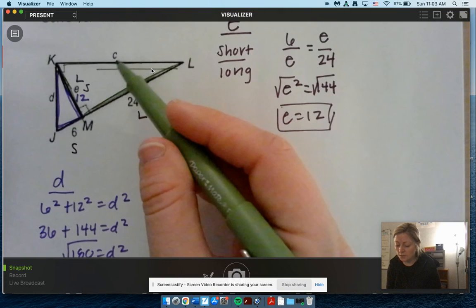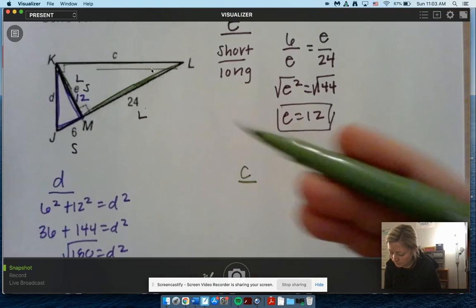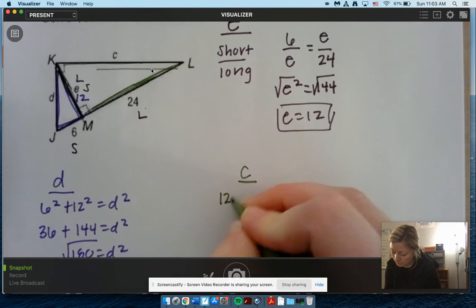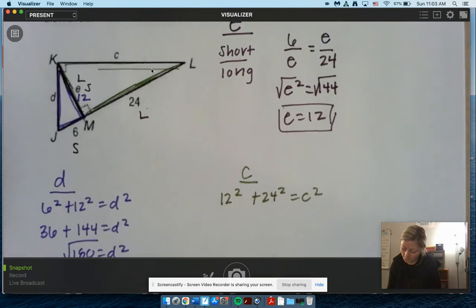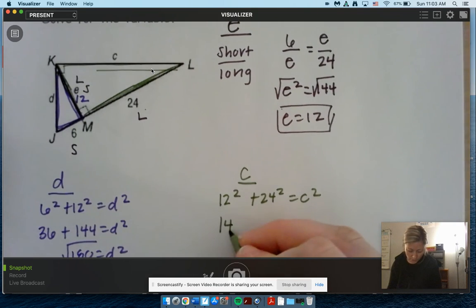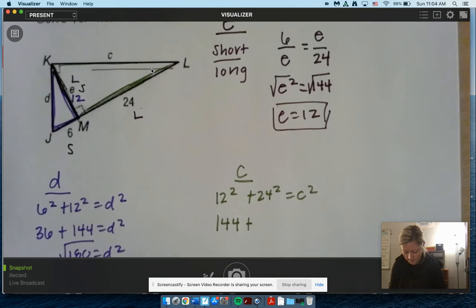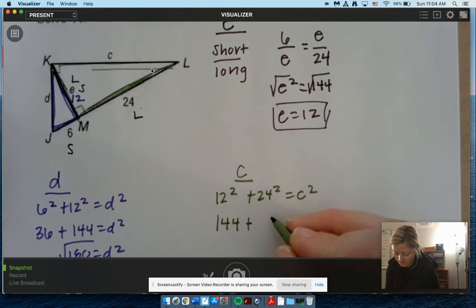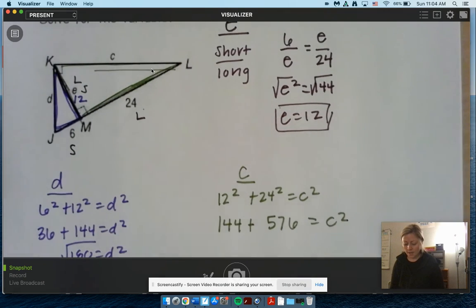So again, it's going to be 12 squared plus 24 squared equals C squared. 12 times 12 is 144. 24 squared. What is 24 squared, you guys? 576 equals C squared. Add those together, get 720.